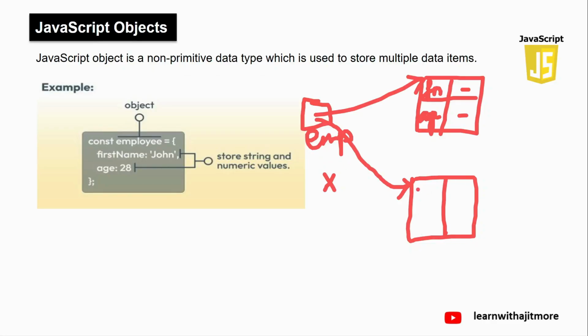If you create some other object and try to store the reference in it, it won't work. But it can modify the object that emp is referring to. It can add new keys in it, or it can remove any key. Understanding? That is possible. But you cannot keep some other object's reference in it because you have made it const.